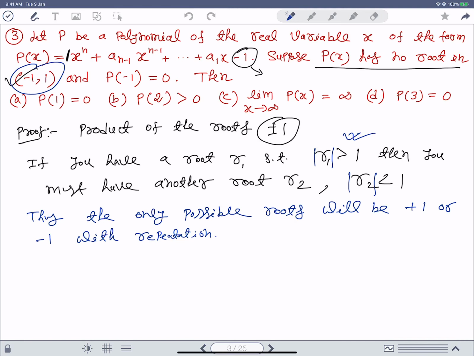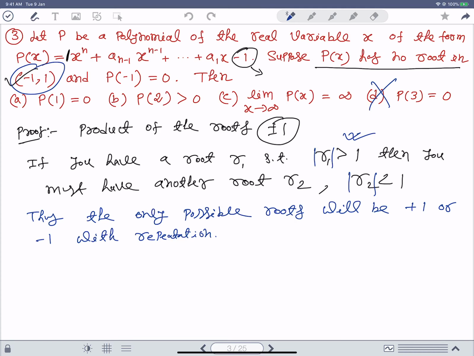Okay. So that means this term will be ruled out. Which one? This. So P3 cannot be 0. So you cannot have any root which is bigger than 1 or less than minus 1. Therefore the only possible roots will be plus 1 or minus 1.